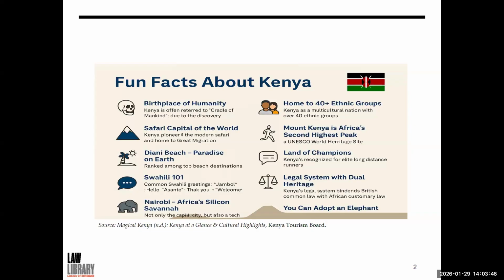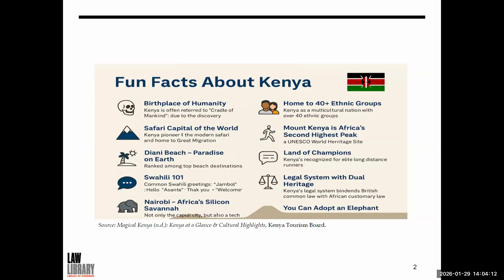On the legal system with dual heritage, Kenya's legal system blends British common law with African customary law, making it a fascinating case study in comparative legal traditions. Nairobi, the capital city, is also known as a tech hub, and we have M-Pesa, a fast mobile money transfer service.